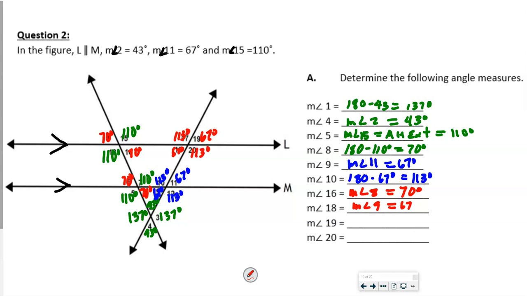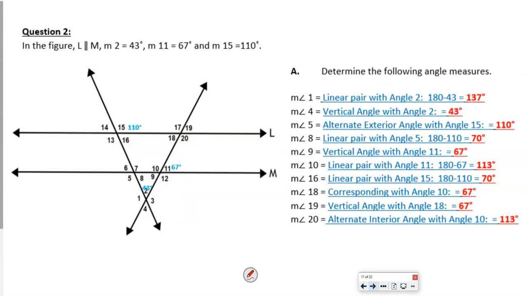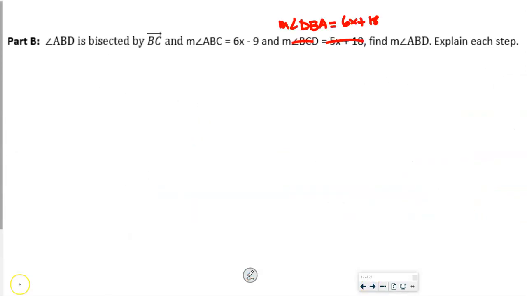Again, corresponding angles. So you can say the measure of angle 19 was equal to the measure of angle 11, which was 67. And then the measure of angle 20 was equal to the measure of angle 12, which was your 113. And there they are again.